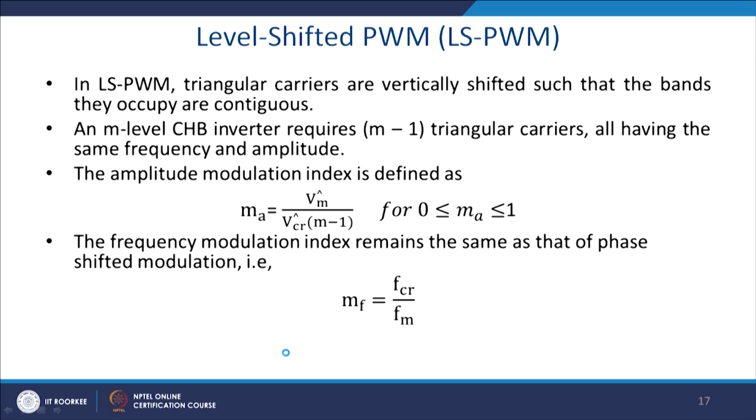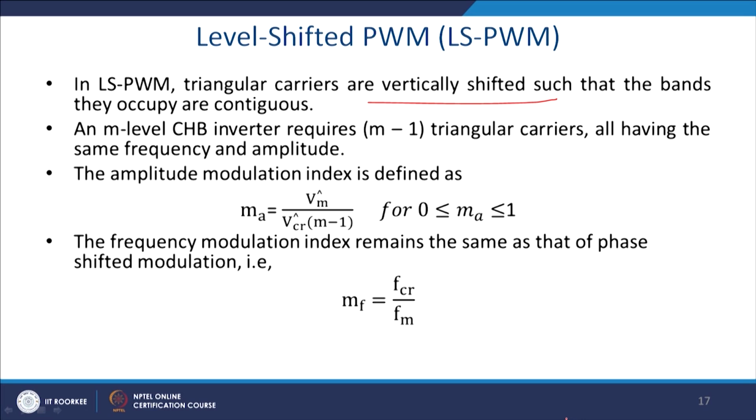Now, level shifted PWM. Another PWM technique I will now discuss. In the case of level shifted PWM, triangular carrier waves are vertically shifted, and the band occupies a continuous one.